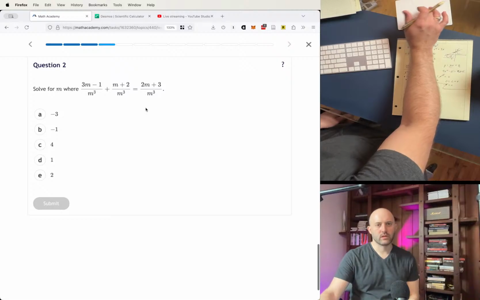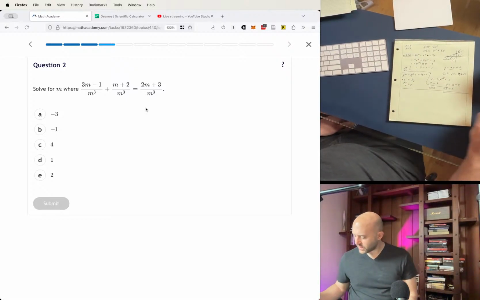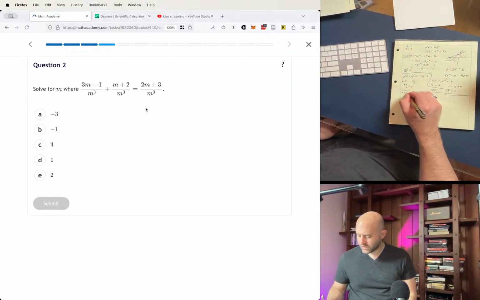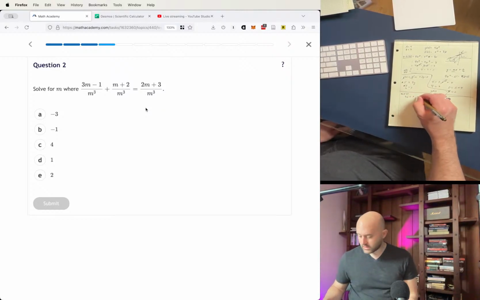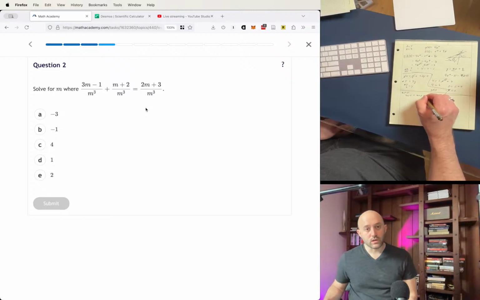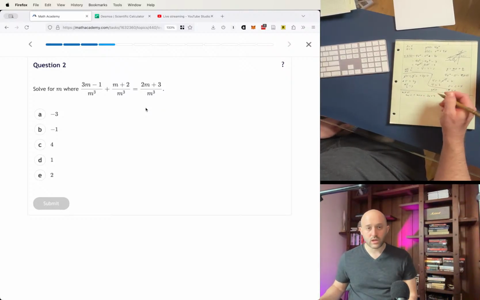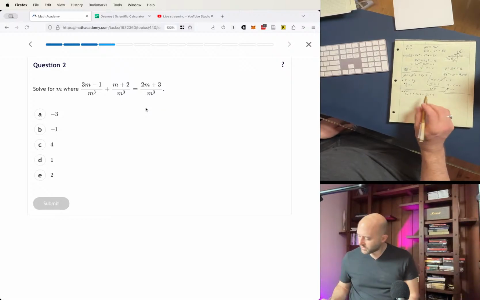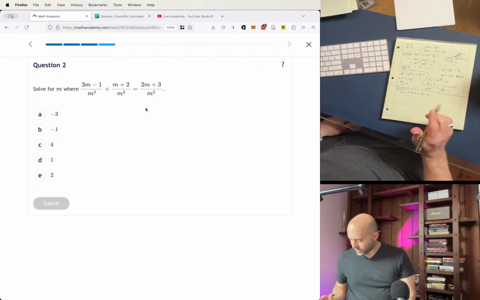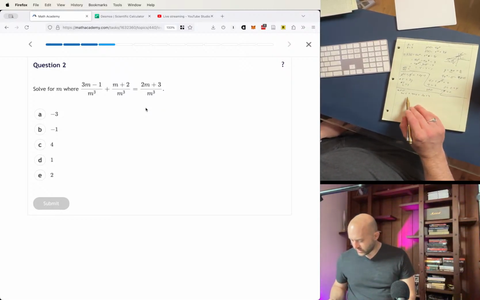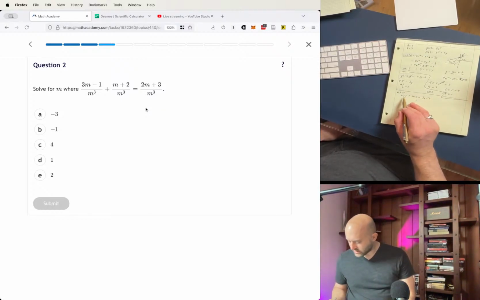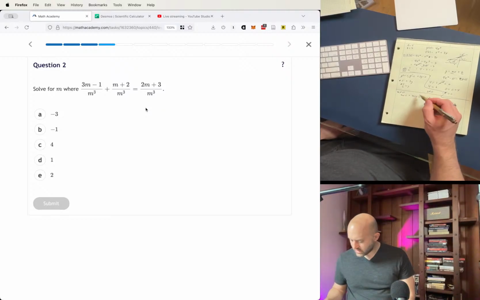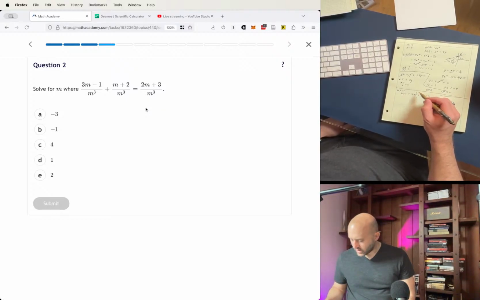Solve for m. Again, we have to make sure that we know that m does not equal 0. 3m minus 1 plus m plus 2 equals 2m plus 3. I've already just multiplied through by m cubed. Let's see, where does m want to be? M wants to be on the left. So let's throw m to the left and throw the rest of it to the right. So 2 minus 1 just goes to 1. That's taken care of.